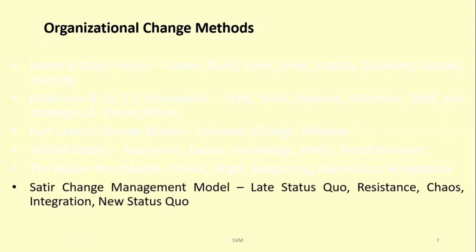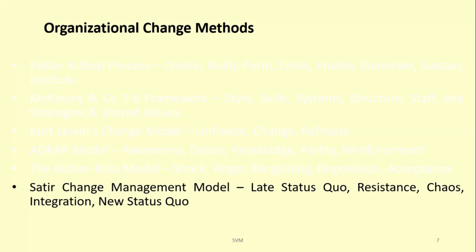Next is the Satir change management model, which has late status quo, meaning you are comfortable with the existing situation and don't want any change, showing some resistance to change in this stage itself initially. Resistance: you actually become defensive, feeling threatened or uncomfortable, so you show denial, anger, frustration, etc. Third stage is chaos, where there is confusion, uncertainty, the old patterns no longer work.